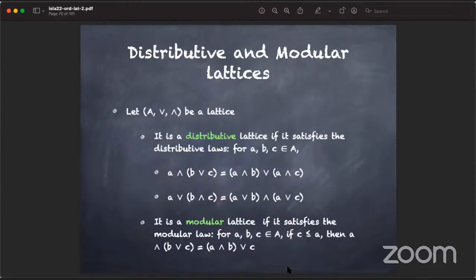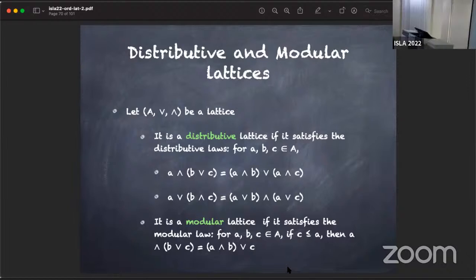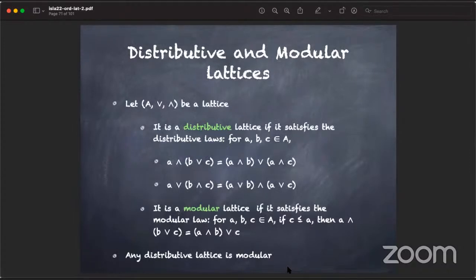So now, can you say anything about the connection of distributive and modular lattices? All distributive lattices are modular. Exactly. Any distributive lattice is modular, which you can easily check.